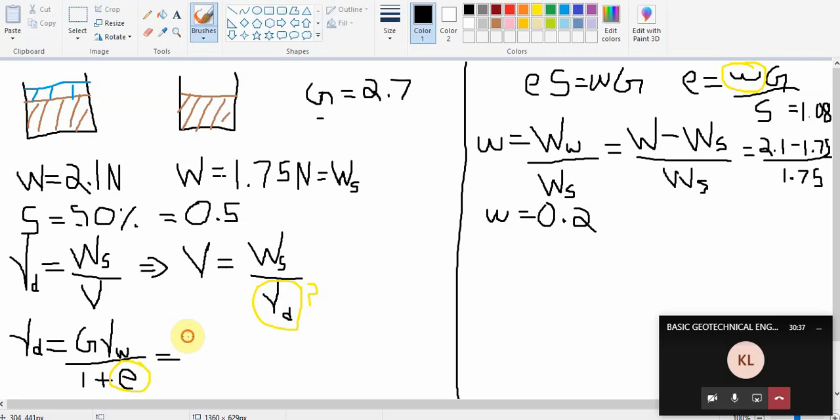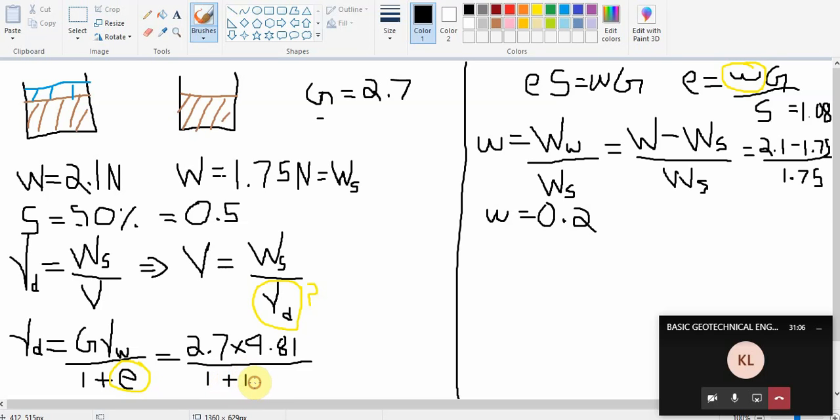Value of G is 2.7. Unit weight of water is 9.81, and value of E is, we have calculated it as 1.08.